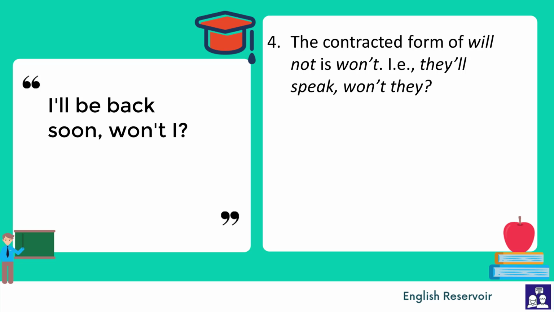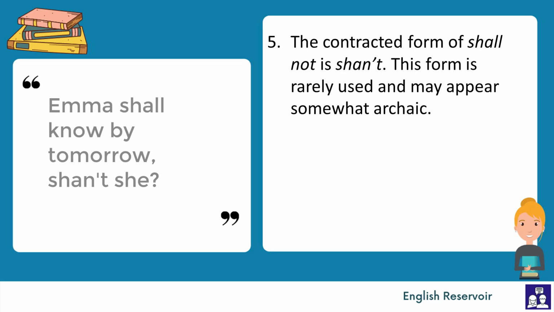I.e., they'll speak, won't they? Emma shall know by tomorrow, shan't she? The contracted form of shall not is shan't. This form is rarely used and may appear somewhat archaic.